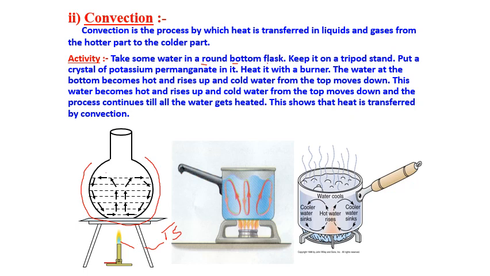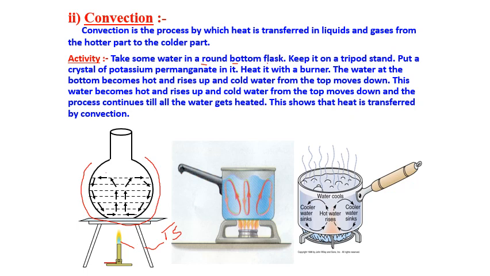Hot water is rising up and cold water moves from top to down. This water becomes hot and rises up again, and cold water from the top moves down. So the cycle will proceed. How long will it proceed? The process continues till all the water gets heated. This shows that heat is transferred by convection.